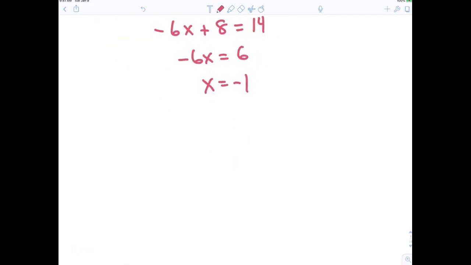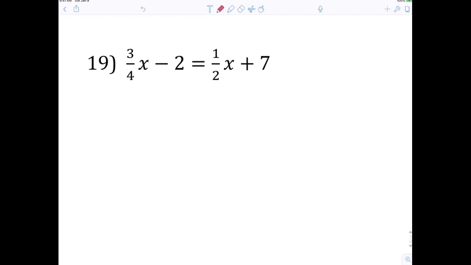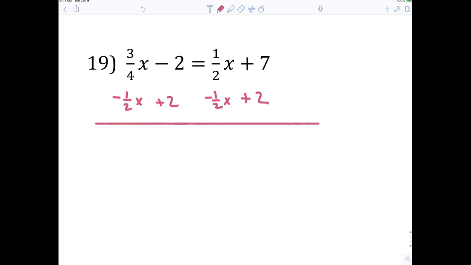All right, let's knock out 19 now. Okay, so of course we have fractions, so I want to double check your fractions. Here we go. So we're going to subtract 1/2 x from both sides, minus 1/2 x, plus 2, plus 2. Now, in order to do 3/4 minus 1/2, I have to get a common denominator.